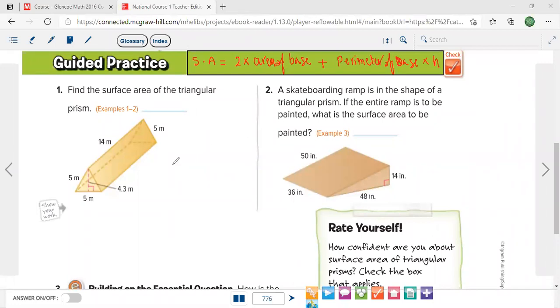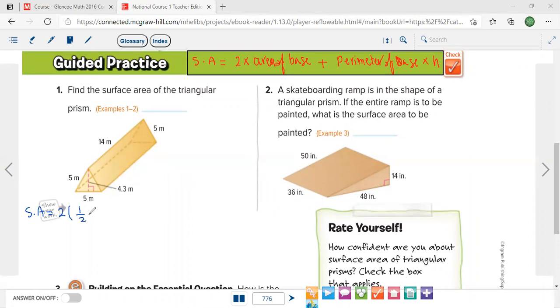Now, let's solve this problem. This is triangular prism. The base shaped like a triangle. It has base length of 5 meter and height of 4.3 meter. So I'm going to say surface area equals 2 times area of the base shaped like a triangle.